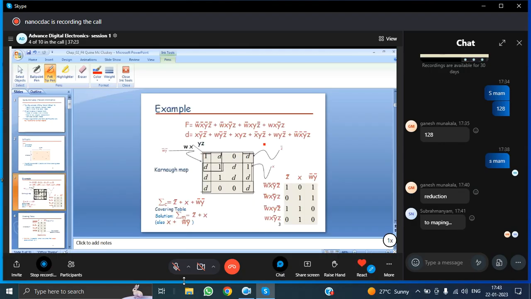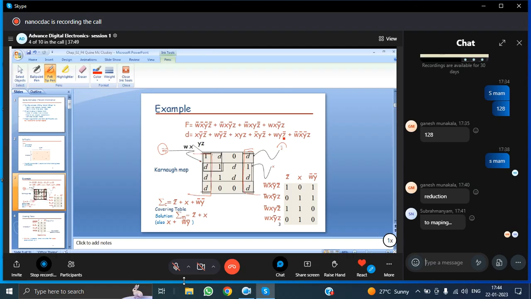Here, as an example, I am using the don't care terms. For this particular group, w bar x bar, w bar y bar is the logic equation, and for this don't care term, you are taking like this.